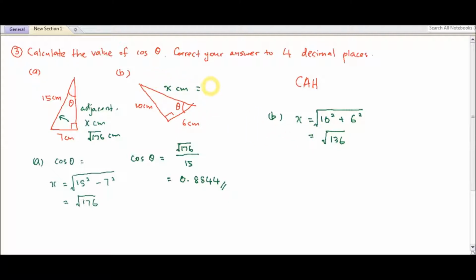Now we know that here is actually square root 136. Cosine theta, CAH, square root 136. Press the calculator and get your answer. 0.5145.